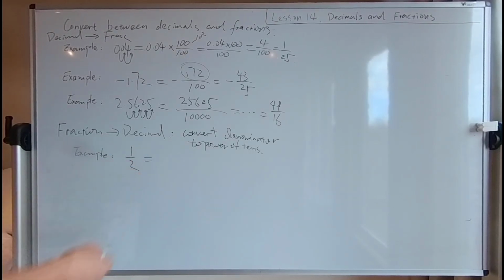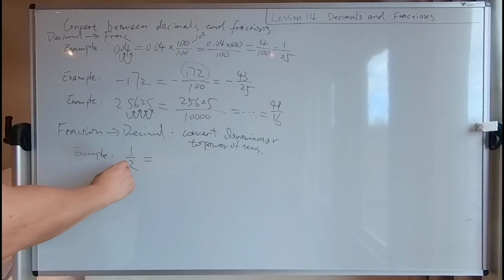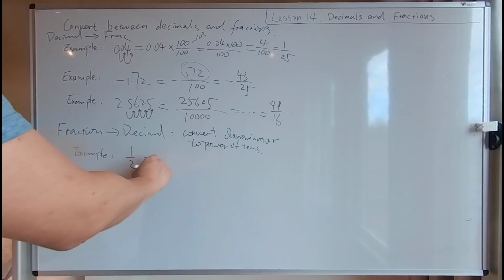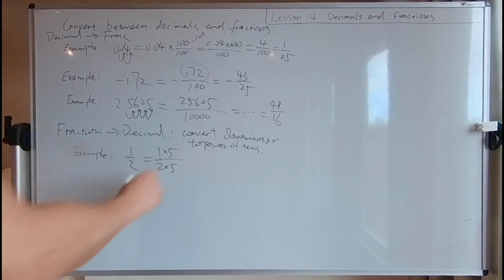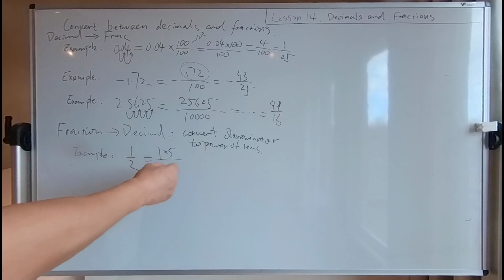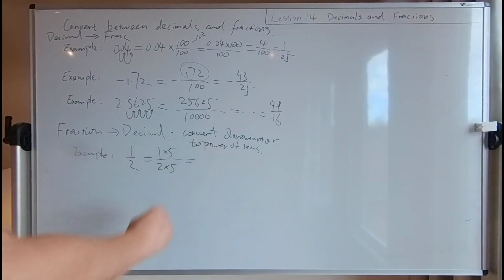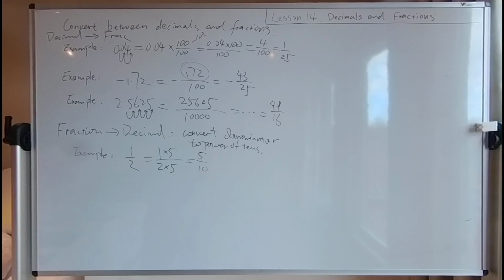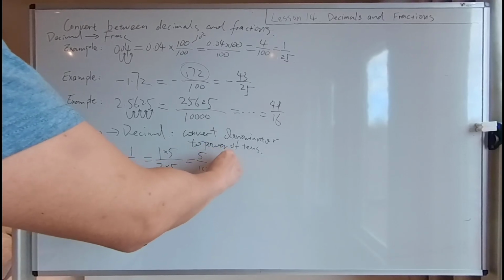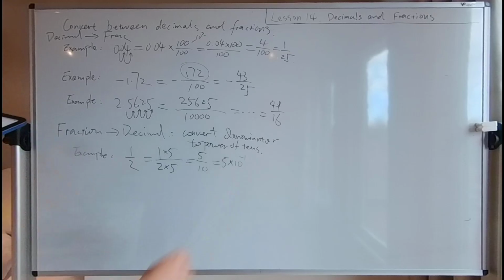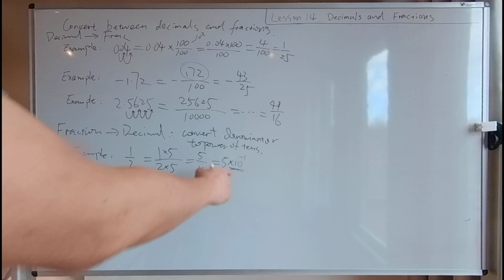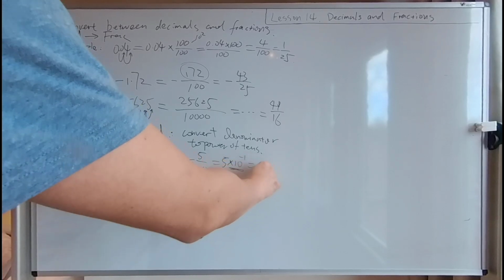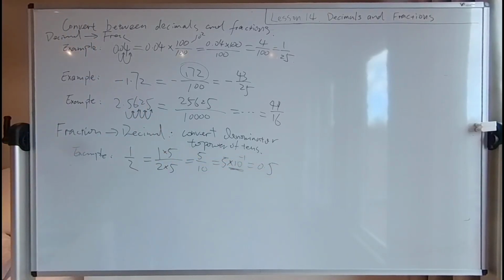But let's see a universal way of converting, which is to try to get a 10 from here. 2 times 5 will give you a 10. So correspondingly, you have to also multiply the numerator by 5, keeping it equal to the original number. Then you will have 5 over 10. And dividing by 10 is multiplying by 10 to the power of -1, and this is the first decimal digit if we go with the definition of the decimal number. So then this can be converted into a decimal number.